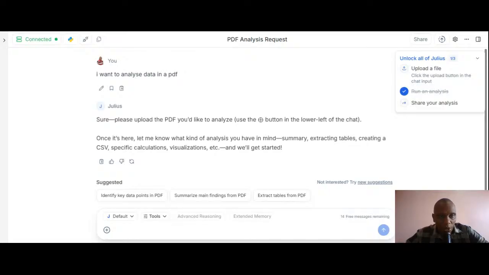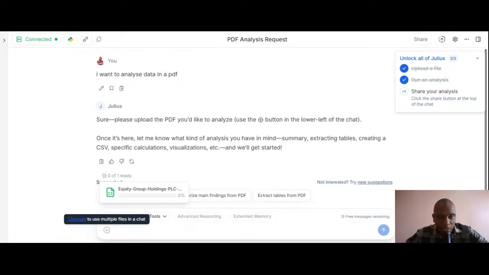So I'll go to downloads. The data that I wanted to use was this Equity Group Holdings audited financial report. I will put it there, and then Julius AI will start incorporating it. Then after incorporating the data, I will start asking questions on this data, what I want Julius AI to do with it.